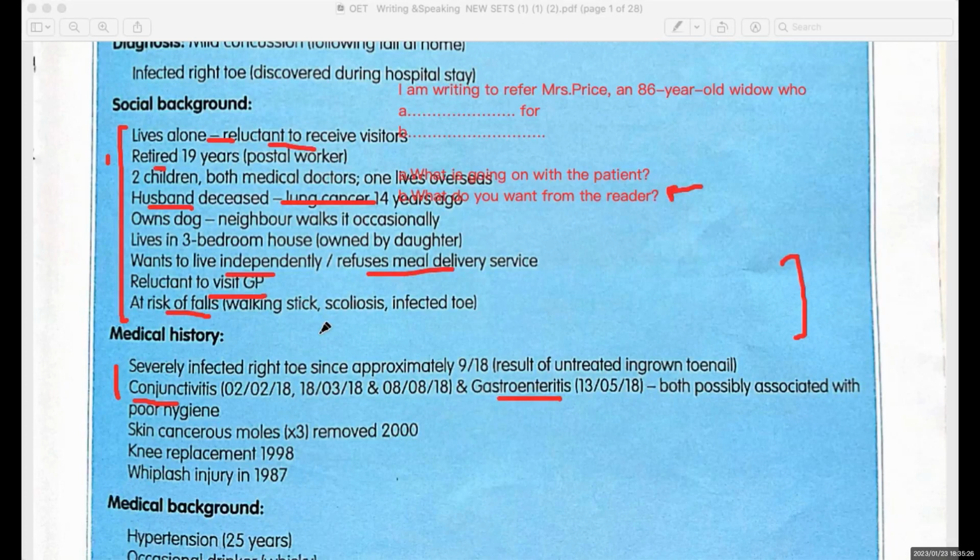So that's the difference between a C plus and a B band. Of course, grammatical errors also contribute to that, but I'm just giving you a general idea about these three roads. So once you have written the first paragraph and second paragraph very well, that means your letter is well begun. You've begun the letter very well.